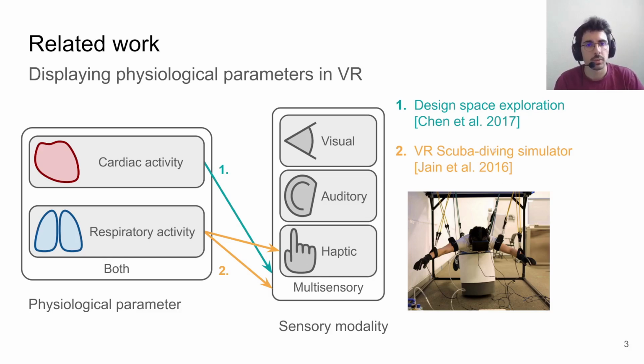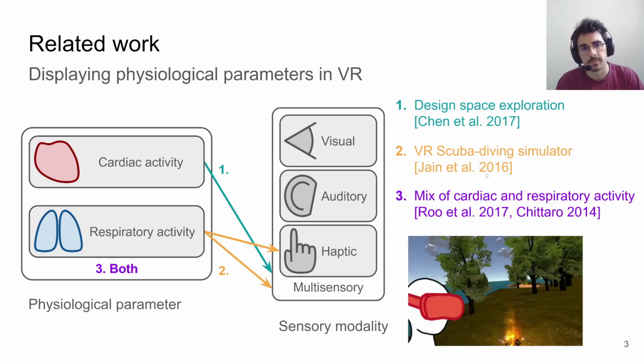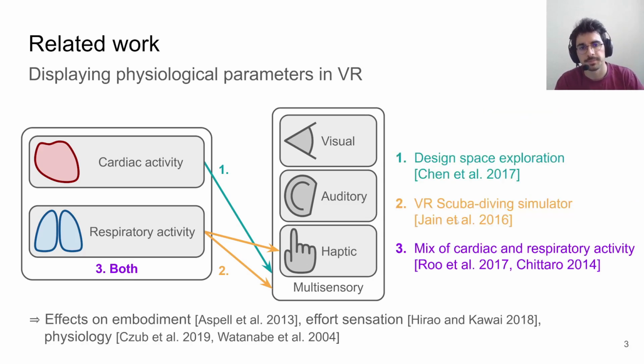It was a VR scuba diving simulator, so it was not adapted to other types of simulations. And then our work contributes to assess the impact of mixing both the display of cardiac and respiratory activity in VR. And we also contribute to studying the effects of displaying such parameters on embodiment, on effort sensation, and on user physiology.